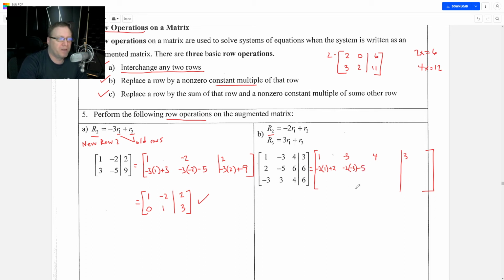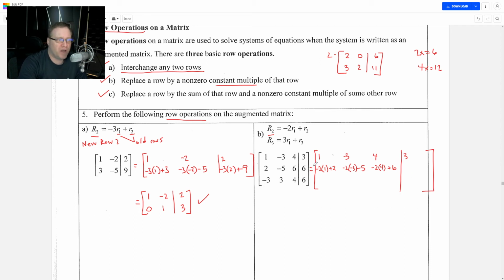Okay. And then our next one here, that's going to be, again, -2 times our old first row, which is 4, plus our old second row, which is 6.